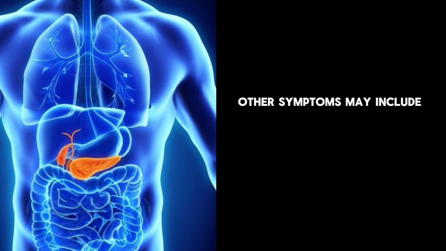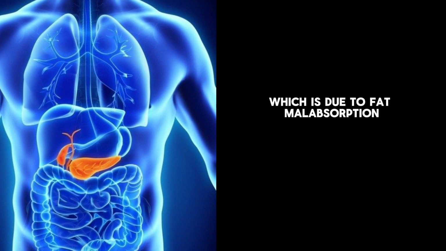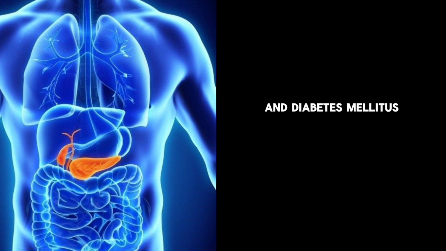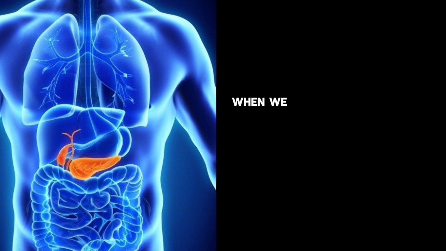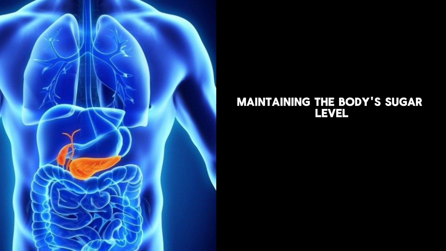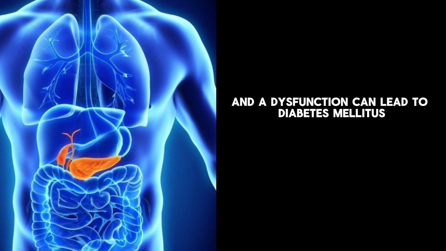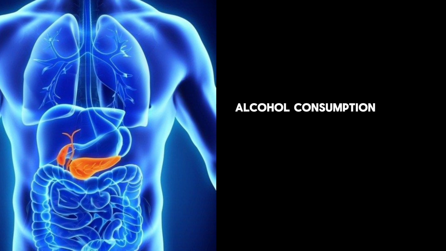Other symptoms may include weight loss, steatorrhea, which is due to fat malabsorption from the exocrine insufficiency, and diabetes mellitus, which is from the endocrine dysfunction, which we have talked about before when we discussed how the endocrine function of the pancreas is releasing insulin and glucagon, maintaining the body's sugar level, and a dysfunction can lead to diabetes mellitus. The pain may also worsen with meals and alcohol consumption.